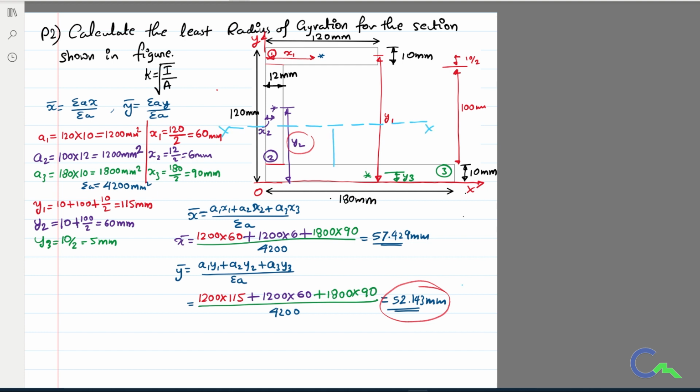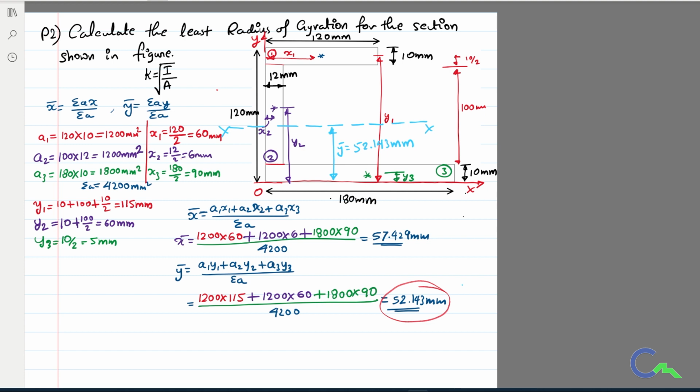At a distance of y bar equal to 52.143 millimeter. Again, the vertical centroidal axis, that is the y axis, is at a distance of x bar, which we know is 57.429.